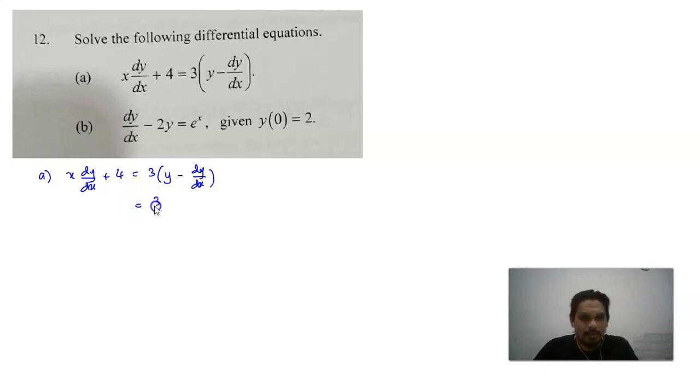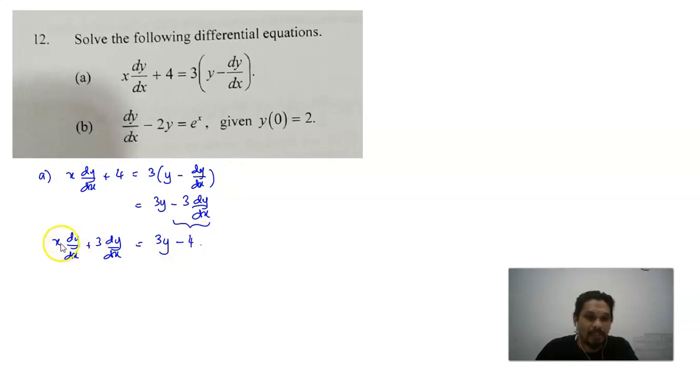So 3y minus 3 dy dx. My idea is to bring the dy dx term, negative 3 dy dx, to the other side, and it becomes x dy dx plus 3 dy dx equals 3y. The 4 brought to this side becomes minus 4.